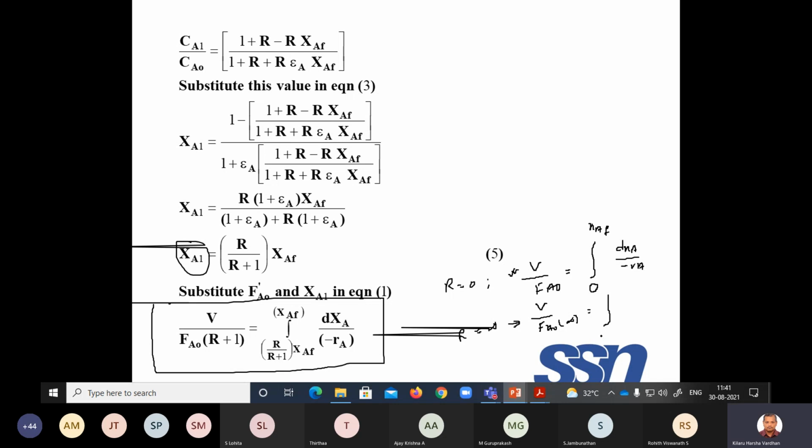So put XAF and XAF, dXA divided by minus RA. Tell me, is this particular thing CSTR?